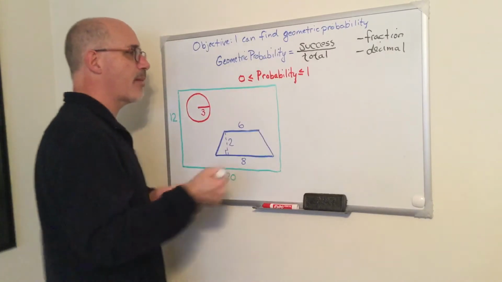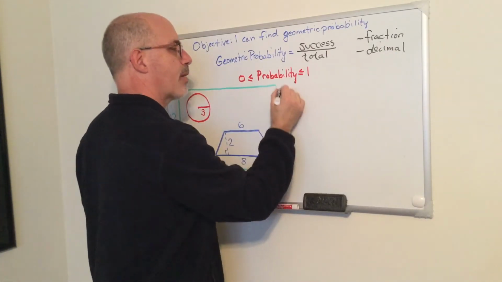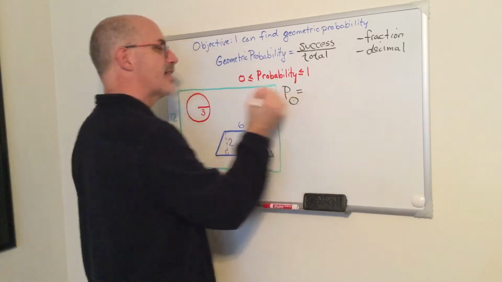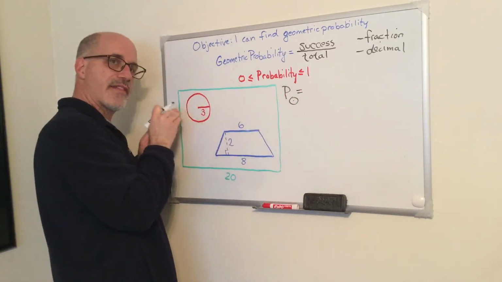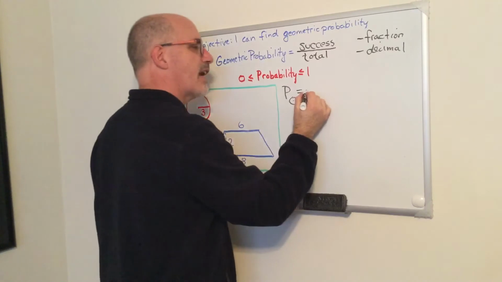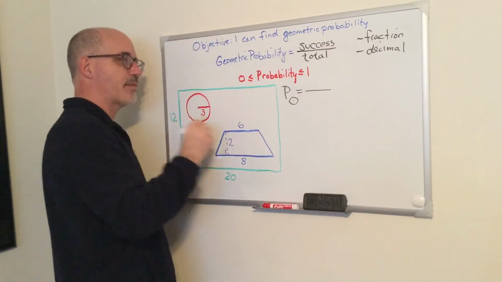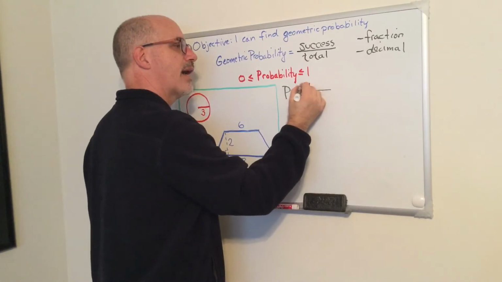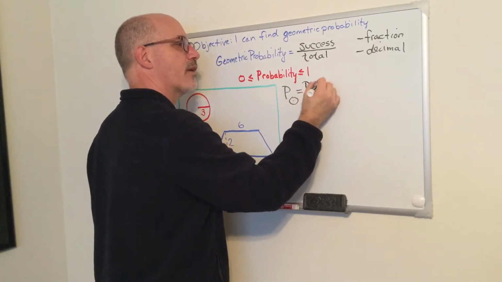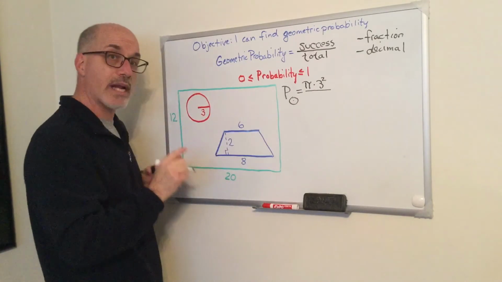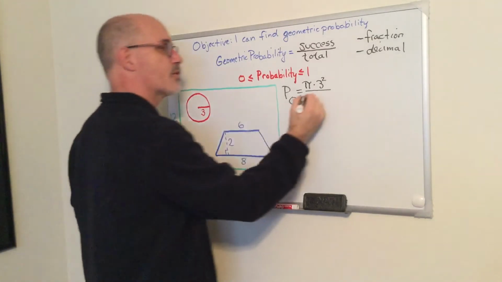When I do probability, in this case, I'll label that as P of the circle. The success will be the area of that circle. So let's find the area of the circle, which is pi times radius squared, the radius being 3. So we do pi times 3 squared. The total area is the entire green rectangle, so it's going to be 12 times 20.